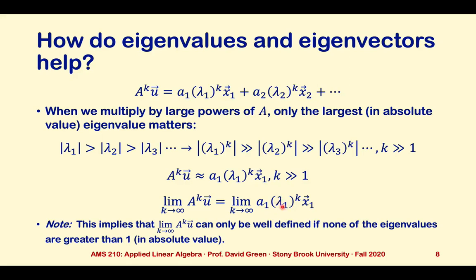If this greatest value is 1, then the limit as k goes to infinity is still lambda 1 to the k, which will be 1, and will give us this a1 times x1. If the absolute value of lambda 1 is less than 1, this will all go to 0. If lambda 1 is greater than 1, then this expression has to blow up, some of the values have to become larger and larger, no matter what as we increase k.